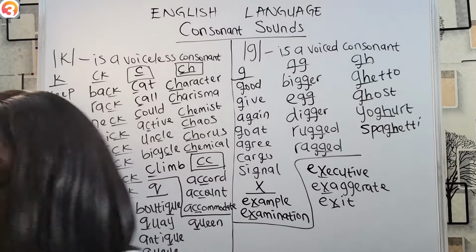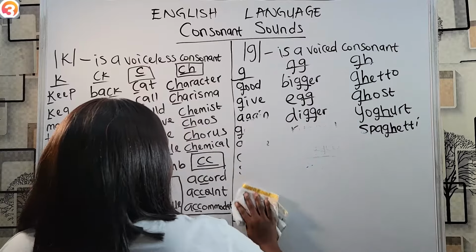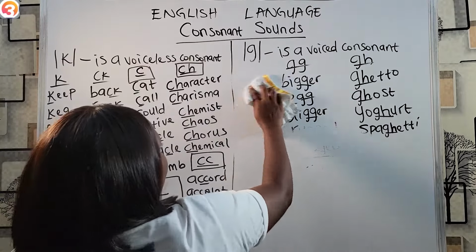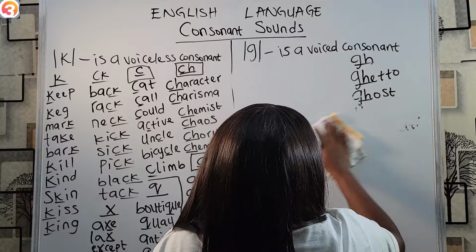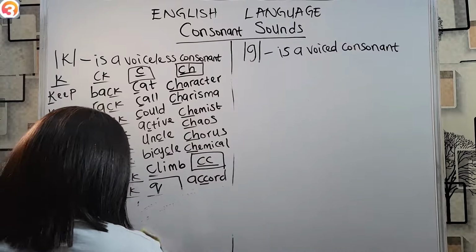Now, in these consonants, there are exceptions. Both consonants K and G are not pronounced when they come before letter N in words.